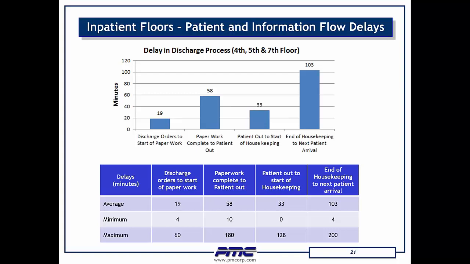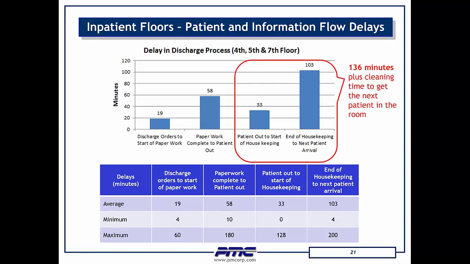The next step is, once the patient leaves the room, based on the type of patient in the room, certain types of cleaning have to happen before the next new patient arrives into the room. As you can see, the biggest delay was housekeeping. Unfortunately, housekeeping was causing the delays in assigning the beds.